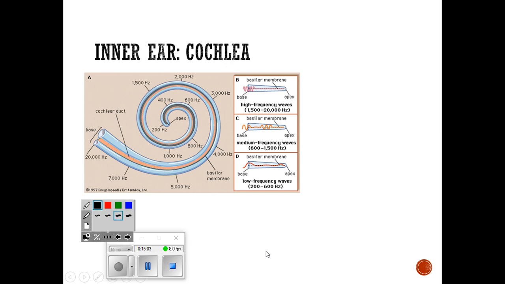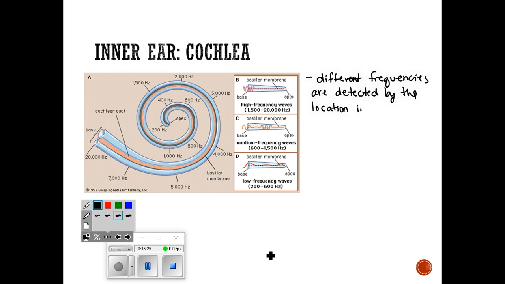And one of the things that you should know is that different frequencies are detected by the location in the cochlea that fluid vibrates. And that's what we're trying to show here.